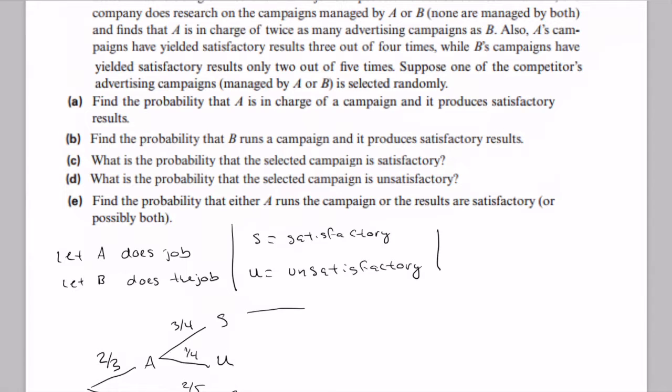So there we have 2 over 3 times 3 over 4, which equals 2 over 4, which equals 1/2. 2 over 3 times 1 over 4 is going to give me 1/6.